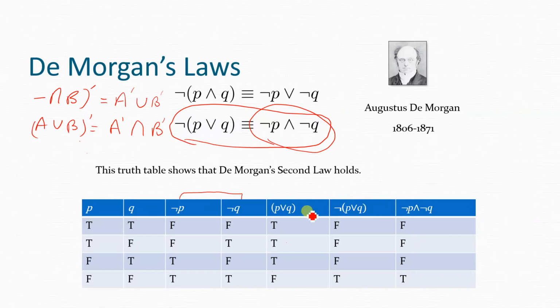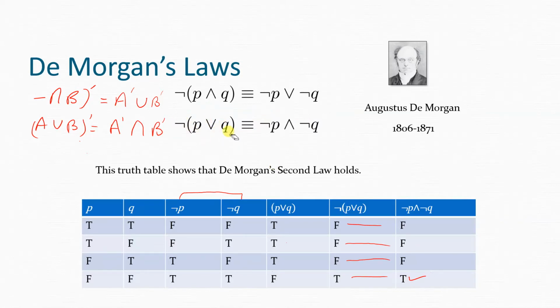False, false gives us false, false, true gives us false, true, false gives us false, and when both are true, we have the truth value true for the conjunction of negation P and negation Q. Now, from the last two columns, we can see that the truth values agree for both compound propositions. So this shows that the negation of P or Q is equivalent to negation P and negation Q. So this is how the second law has been proved.